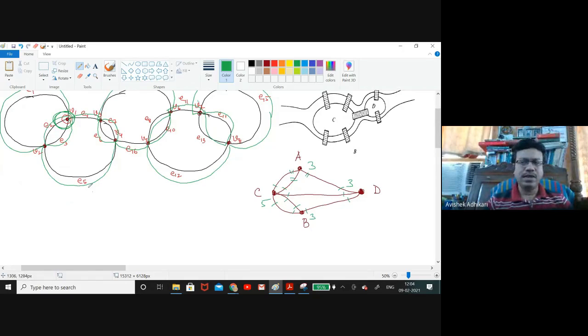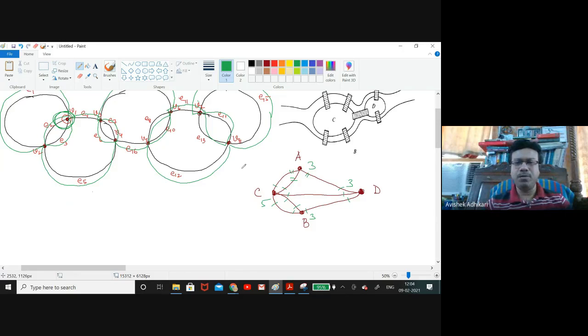In a connected graph, we are trying to find a trail, that means a walk in which no edge is repeated, and from where we start, we come back to the same point, exploring all the edges exactly once.